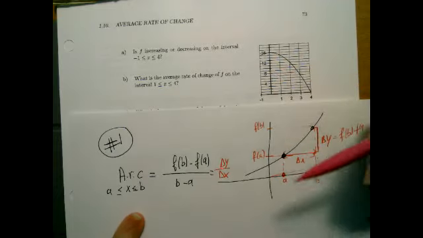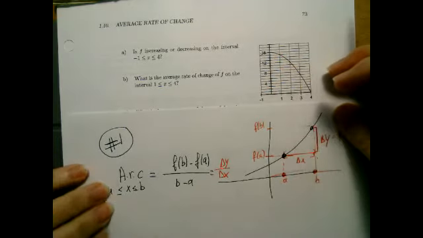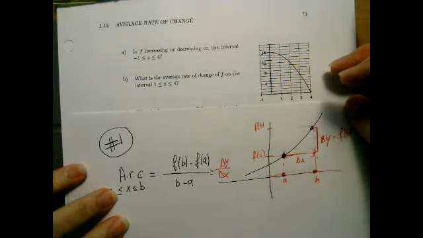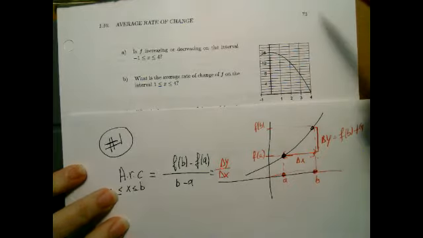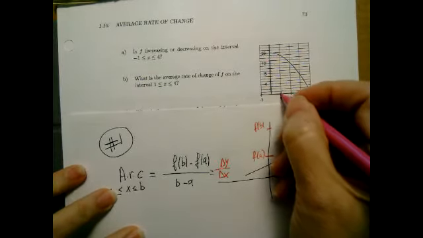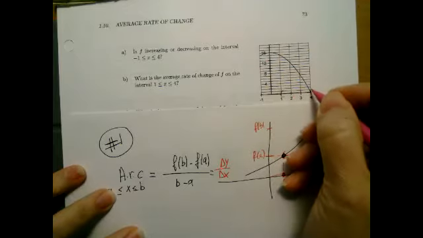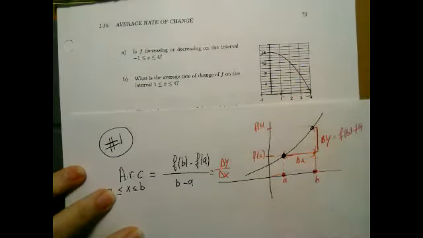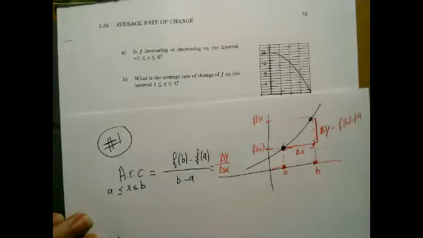Now, question number 2. What is the average rate of change of f on the interval from 1 to 4? So this is 1, and this is 4, and they want me to find the average rate. So we use the formula verbatim.